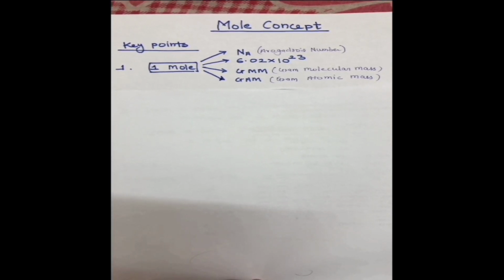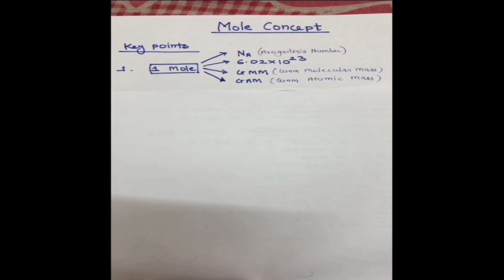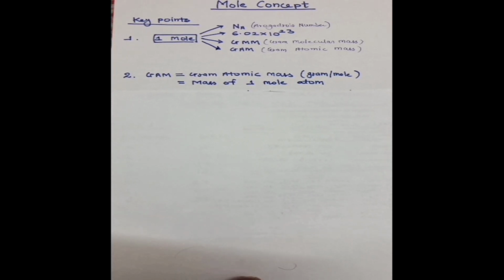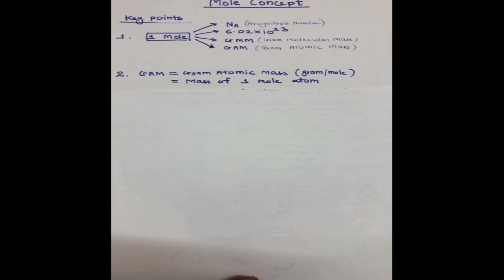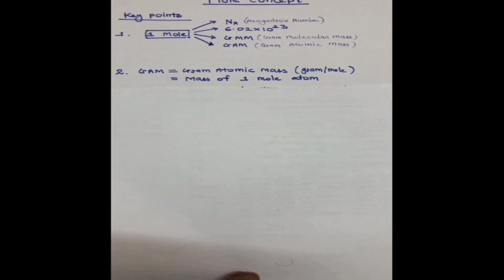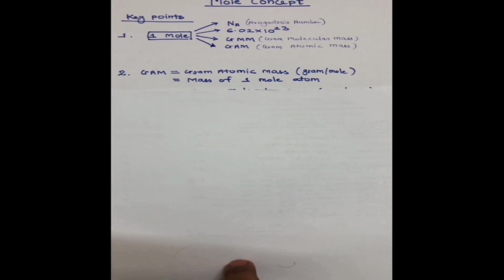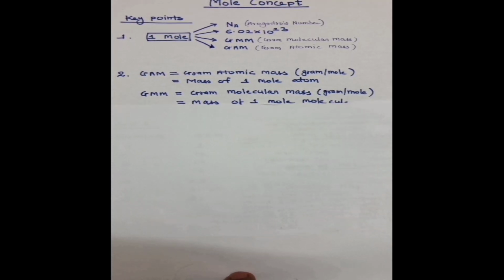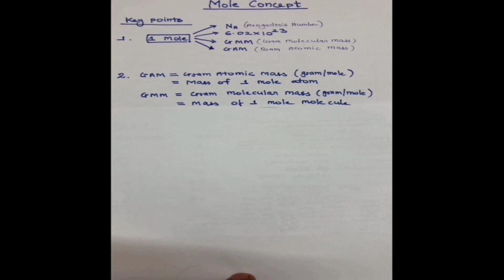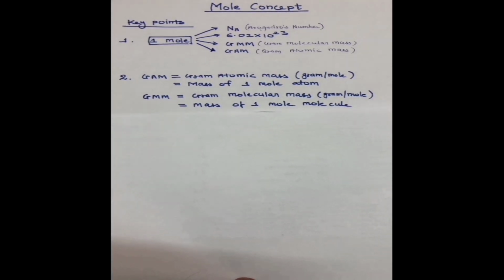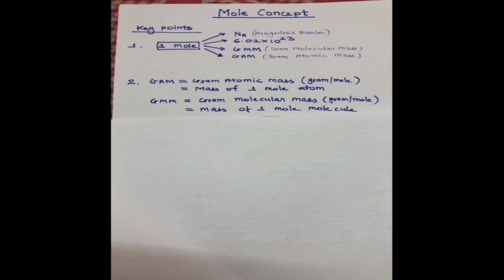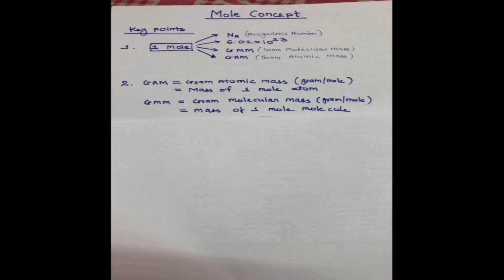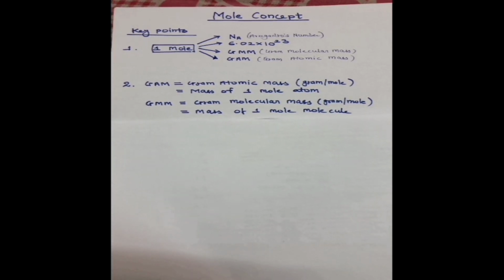Now the question is, what is gram molecular mass and gram atomic mass? Gram atomic mass is equal to the mass of 1 mole of atoms, and similarly gram molecular mass is equal to the mass of 1 mole of molecules. So you can interconnect 1 mole equal to gram molecular mass and 1 mole equal to gram atomic mass.